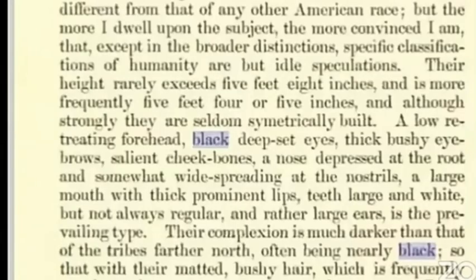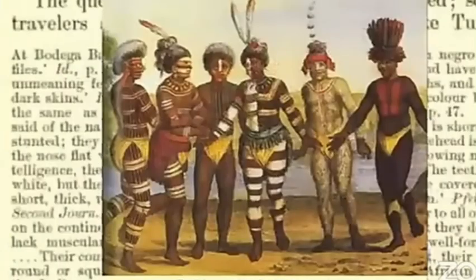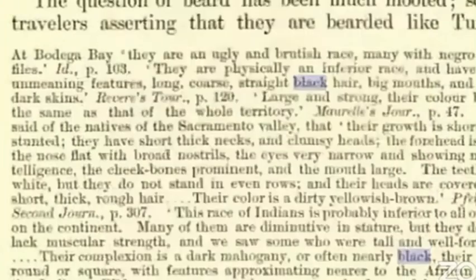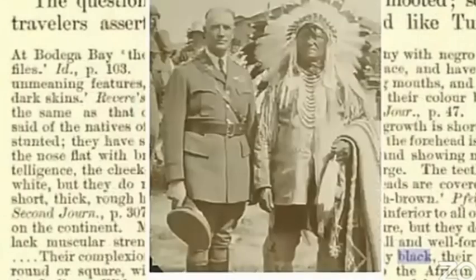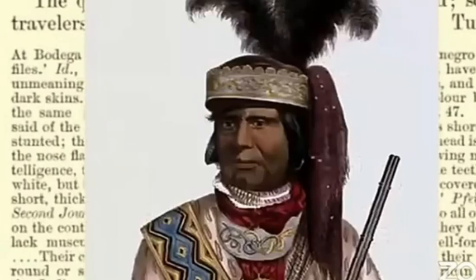Copper colored, so that with their matted, bushy hair... These sources say at Bodega Bay, they are an ugly and brutish race, many with Negro profiles. This is ID page 103. They are physically an inferior race and have flat, unmeaning features, long, coarse, straight black hair, big mouths, and very dark skins.